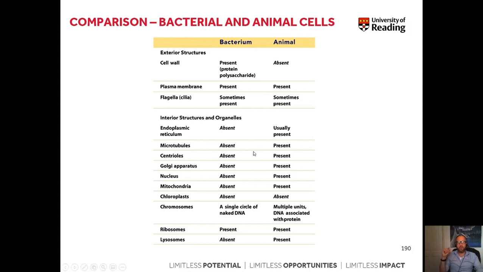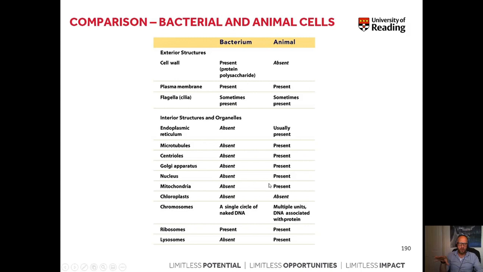We do have endoplasmic reticulum in animal cells, which is lacking in bacteria. Microtubules are not present in bacteria, but we have those in animal cells. The same holds true for Golgi apparatus, nucleus, mitochondria, and the chloroplasts.